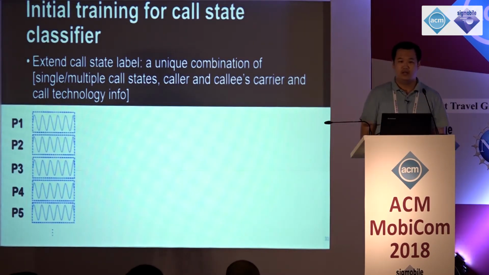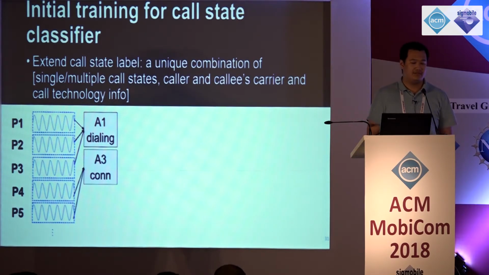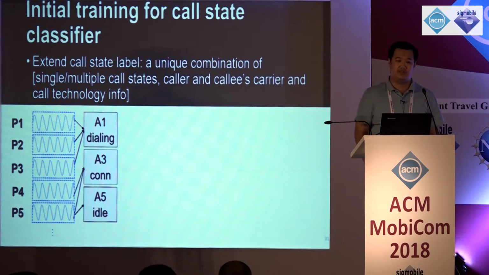For example, after we use some domain knowledge to extract the key patterns of the signaling messages, we have these five patterns. P1, P2, and P3 are observed when Alice is in the dialing state. P4 and P5 are observed when Alice is in the connected state. The issue is that P5 is also observed when Alice is idle. So this is the call state ambiguity.